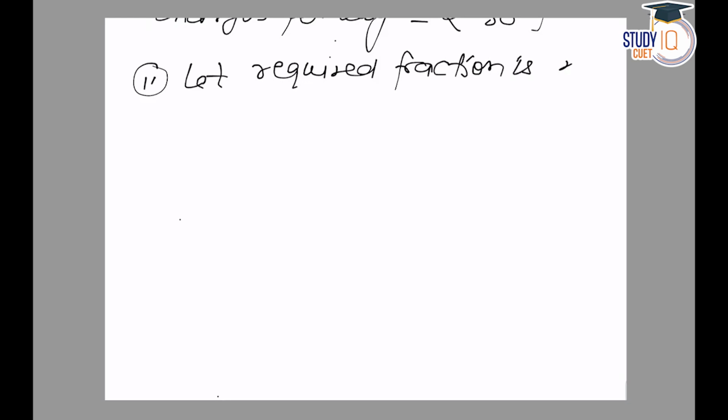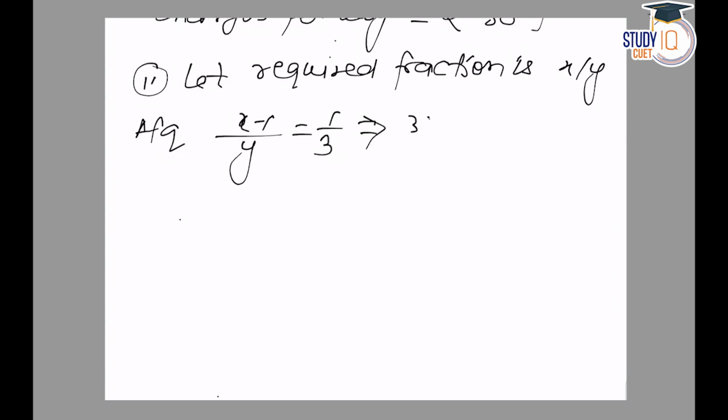So according to the first condition, when 1 is subtracted from the numerator, then the fraction becomes 1 by 3. So according to the question, X minus 1 by Y equals 1 by 3. So 3X minus Y must equal 3.